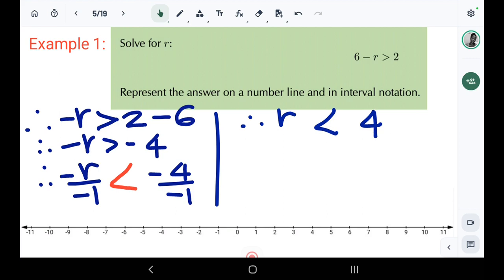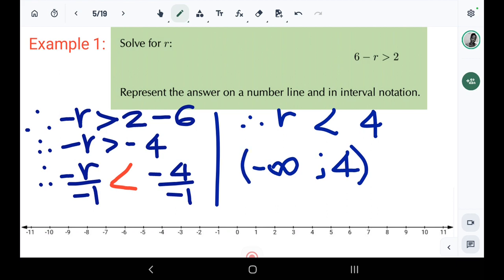So how do we represent that in interval notation? You've got your 4 on the right hand side with a round bracket because it's less than, and you've got your negative infinity because the numbers must be less than 4. Anything less than 4 is to the left of 4 on the number line, and that goes all the way to negative infinity. And that's how you represent that in interval notation.